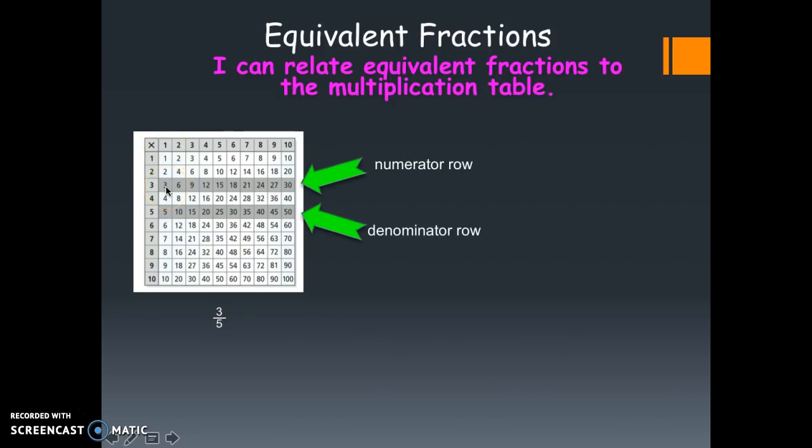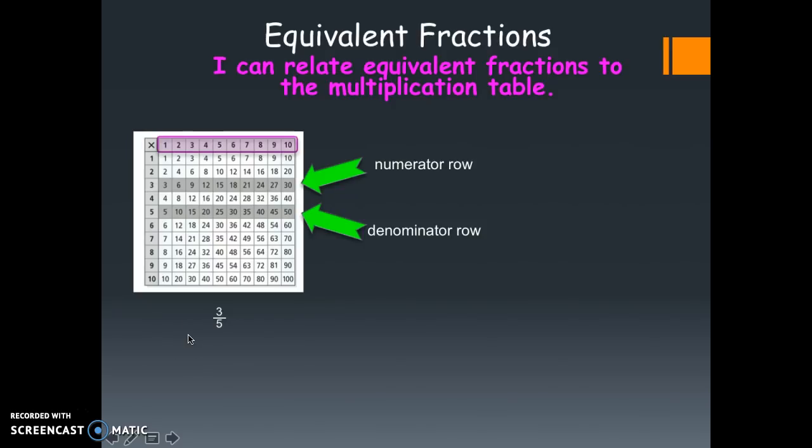So if we take the numerator and multiply it by 2, we get 6. If we take the denominator and multiply it by 2, we get 10. So 6/10 is equal to 3/5. If we multiply them both by 3, we get 9/15, and so on.